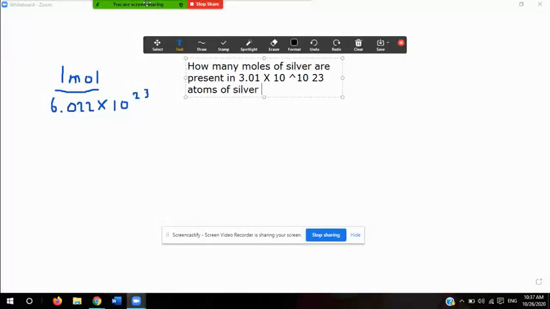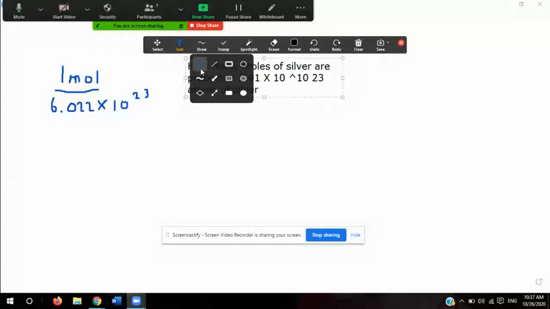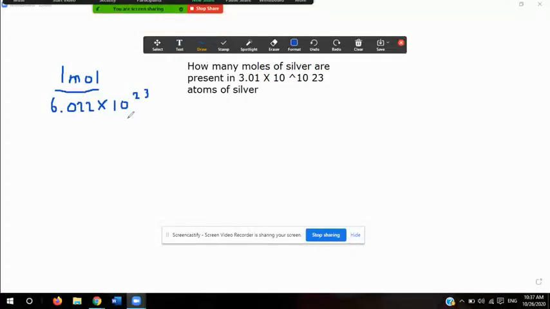So again, we establish our conversion factor, and we're being given the atoms of silver, which are 3.01 times 10 to the power 23.